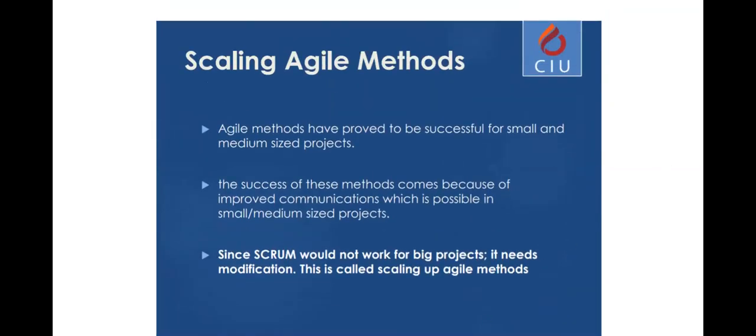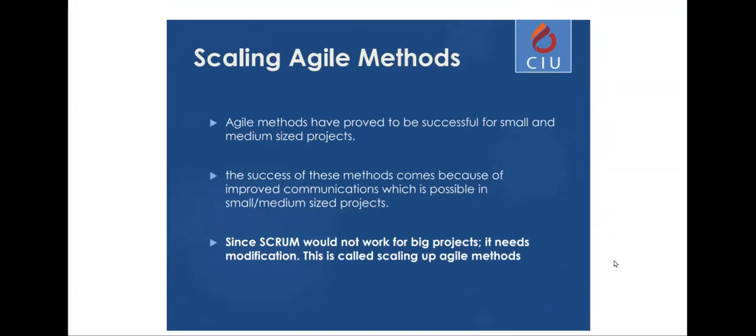And when you apply any agile methodology to a big project, this is called scaling agile methods. Essentially, agile methods have been proven to be very successful for small and medium-sized projects, but they are not particularly developed or aimed for big projects.